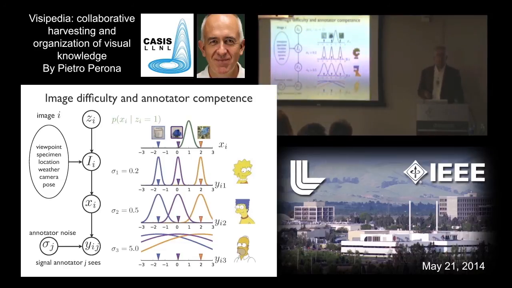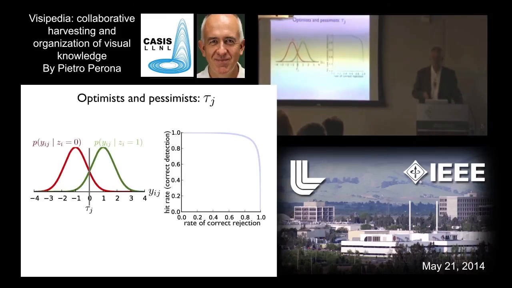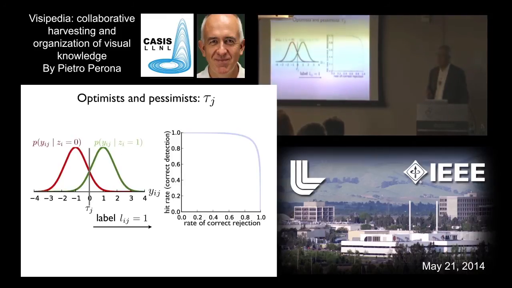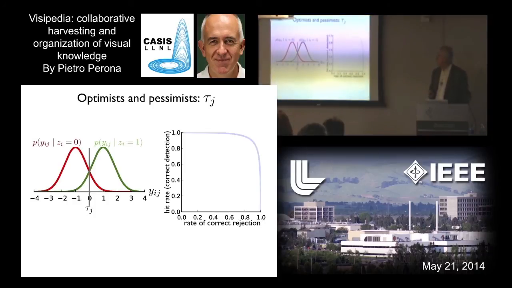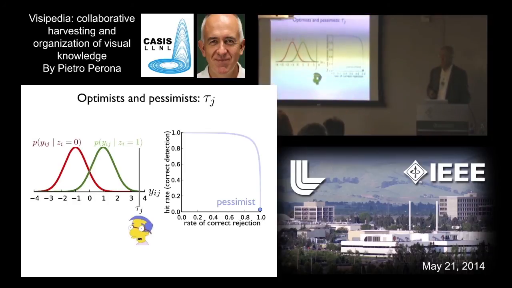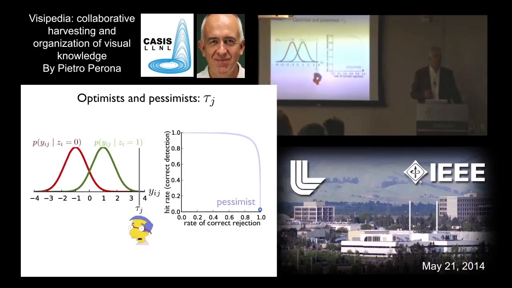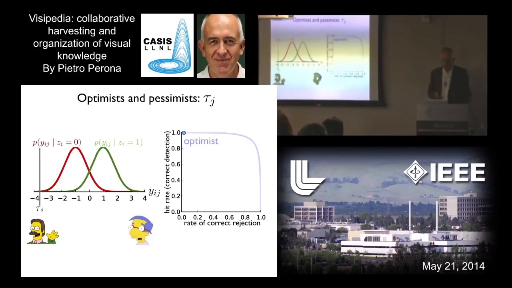Now, how do we account for the optimists and pessimists? I'm sure that a few of you have already thought about that. It's a matter of where you place the threshold. If you insist on the threshold being very high, then you're a pessimist, and unless all the evidence is in favor of saying yes, you will say no. And vice versa, you will be an optimist if a little bit of evidence is enough to make you happy and to say yes.